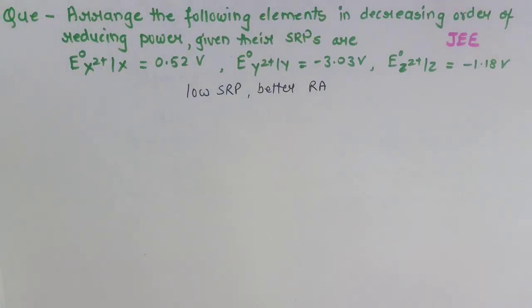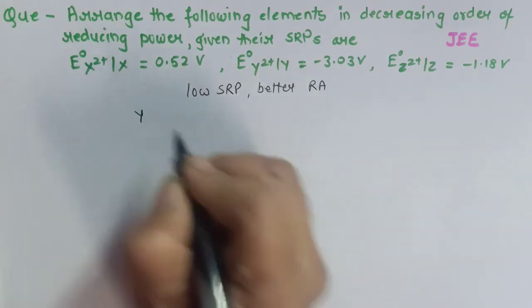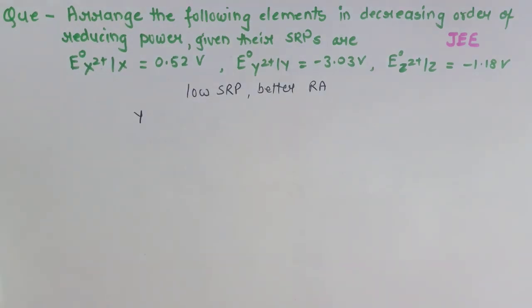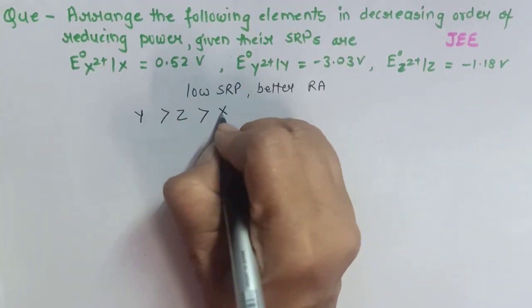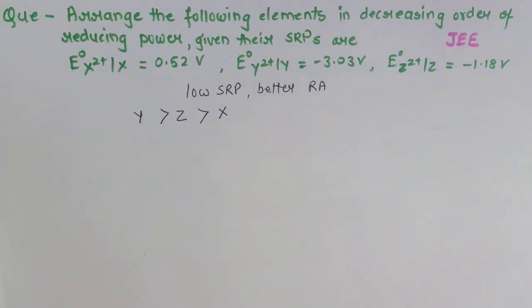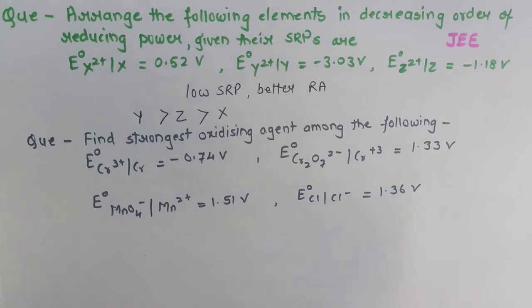So from the given data, we can easily see that Y element has the lowest SRP value and therefore it will be the strongest reducing agent. And then comes Z with its SRP value minus 1.18 volt, and lastly it is X which has its value 0.52 volt. So likewise we can solve the questions.